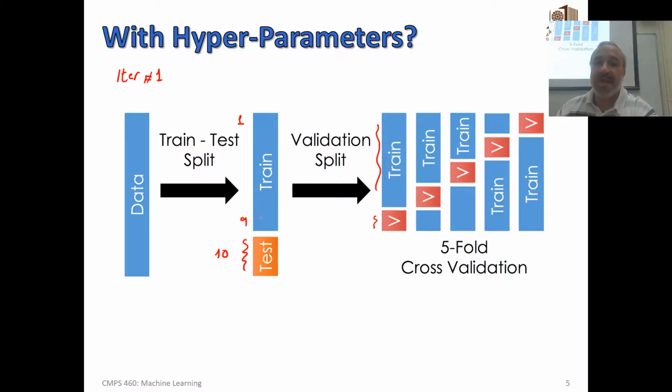Now I will take this whole training set and divide it into 5 folds: 1, 2, 3, 4, 5. In every iteration now, I will consider one fold to be a dev set and the others to be training.